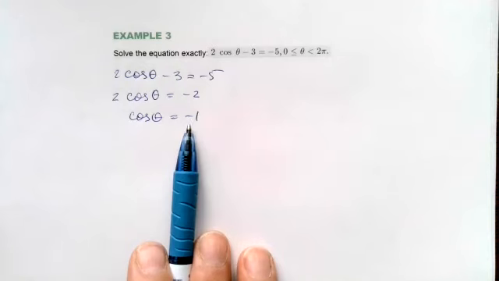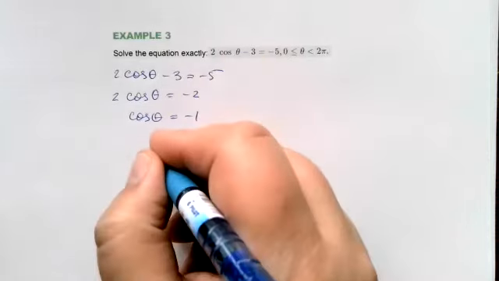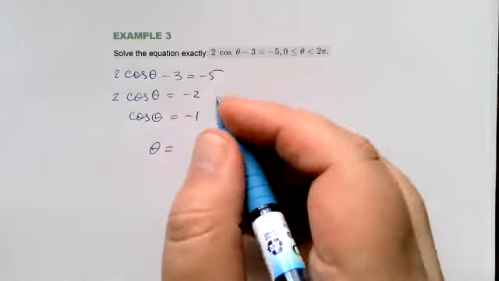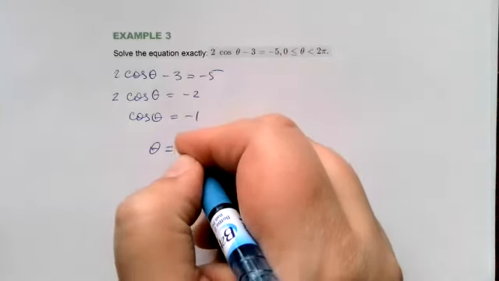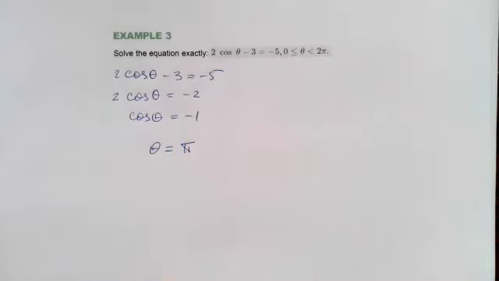Well, if we look at our unit circle again, there's only one angle on the unit circle where that happens. So theta is pi. That's where cosine equals -1.